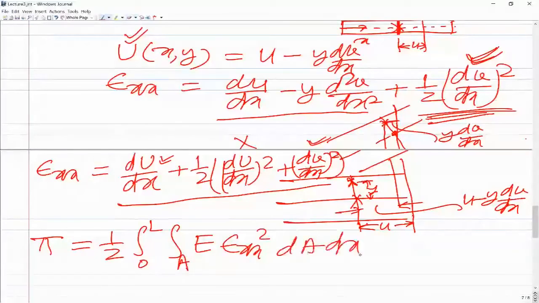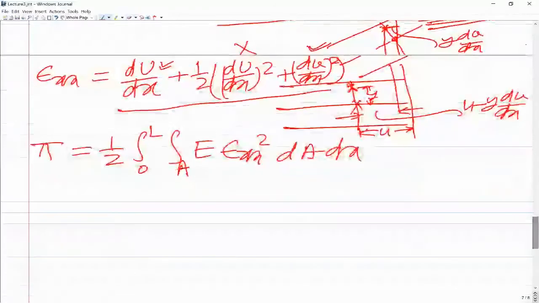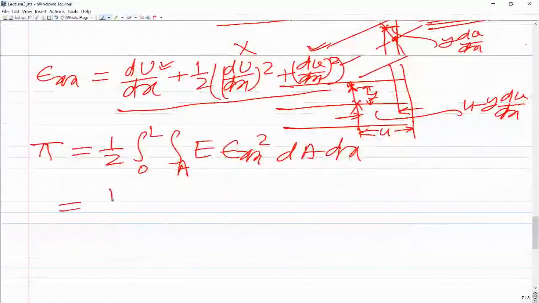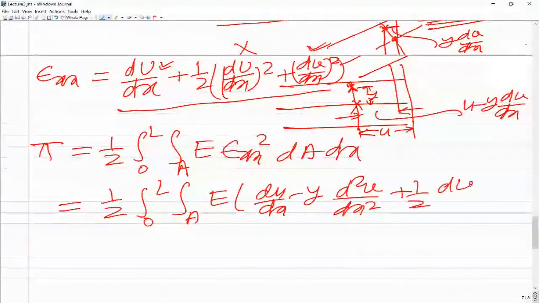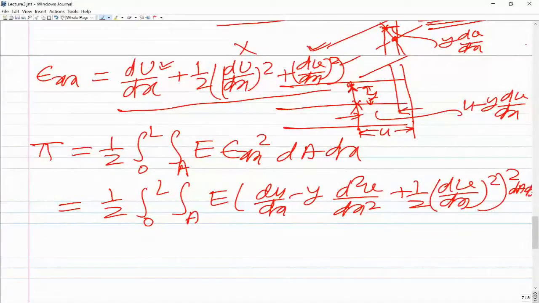Now what we can do is write integration 0 to L, integration over the cross sectional area, Young's modulus E, and epsilon xx is du by dx minus y into d2v by dx square plus half of dv by dx whole square, and then whole square dA dx.